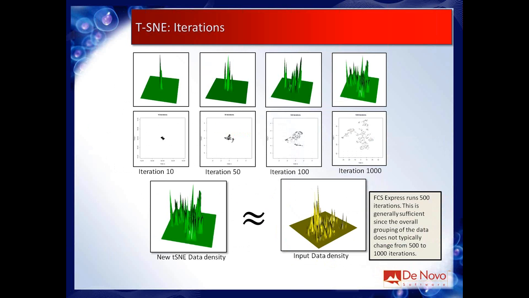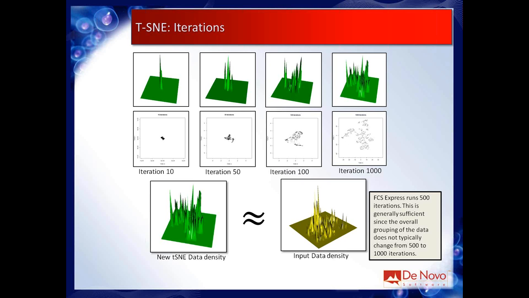So here's just a little bit more illustration. tSNE will start out with this random little tiny cluster of data to get a distribution. It'll start shifting the points around, spreading the points around over and over and over again until you meet some maximum number of iterations. And each time it's spreading these points around, you're getting closer and closer to this input data distribution. Now we run 500 iterations.